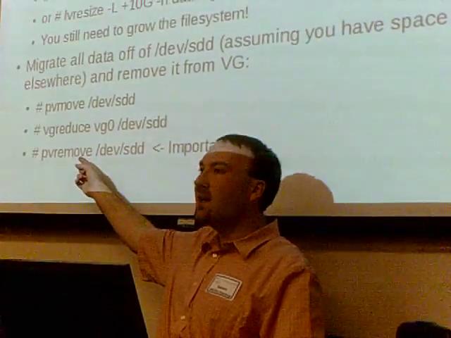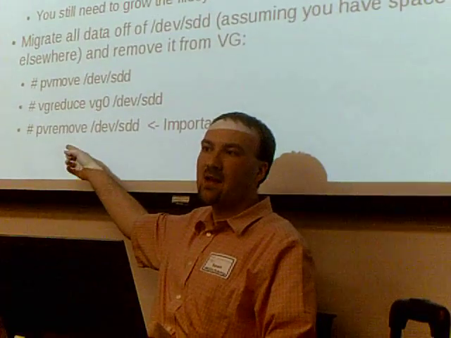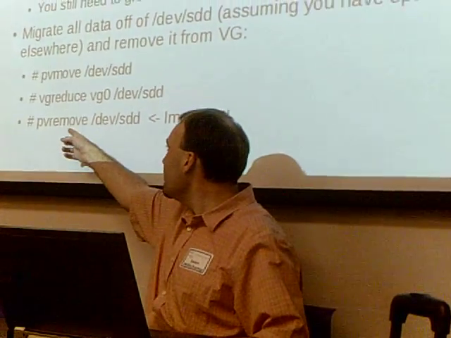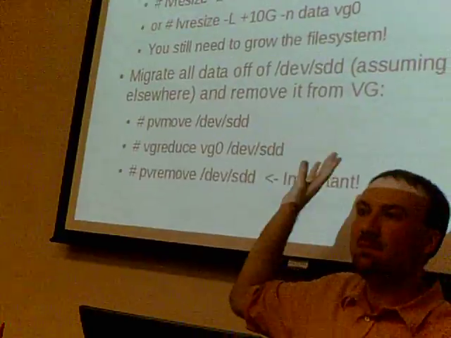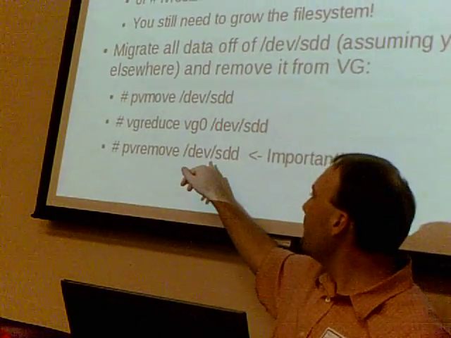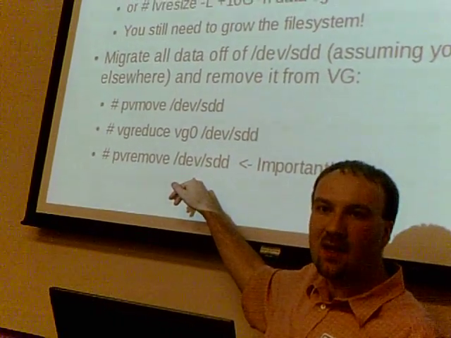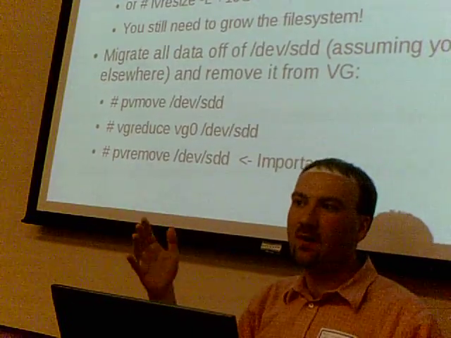And then here, this is one that I have frequently forgotten in the past. I've taught myself this habit over time. pvremove /dev/sdd. You think here it disappears, you're not conscious of it anymore, but it still has that UUID on it. It still has the signature that says I'm available for LVM.